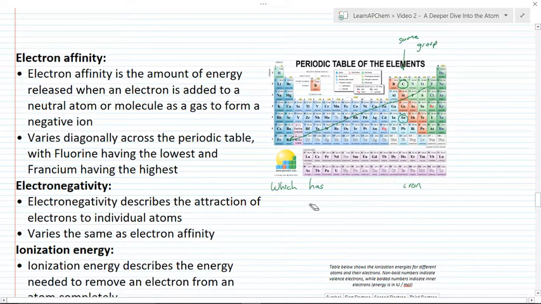So if I have just, we'll say, the Bohr model for fluorine, our atomic number is 9. So I'll just quickly draw this out.